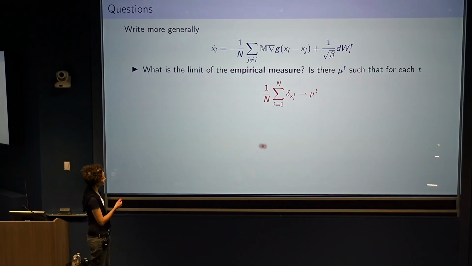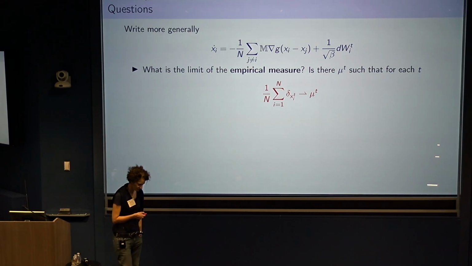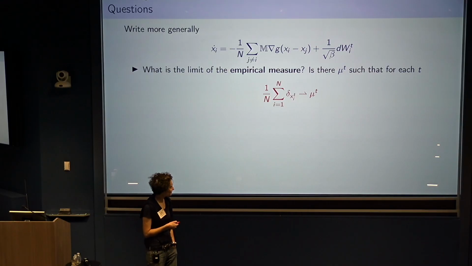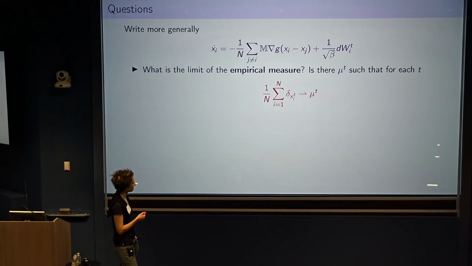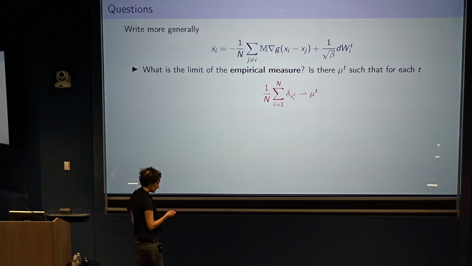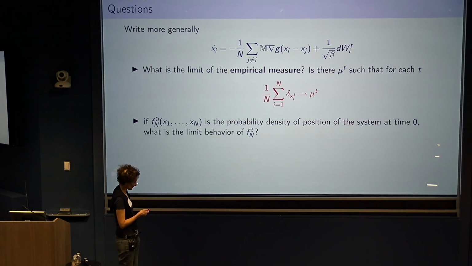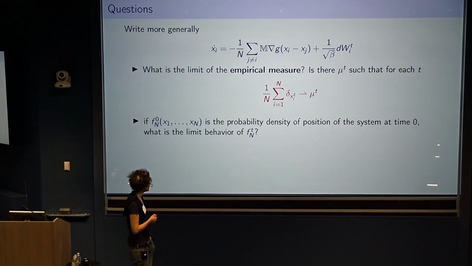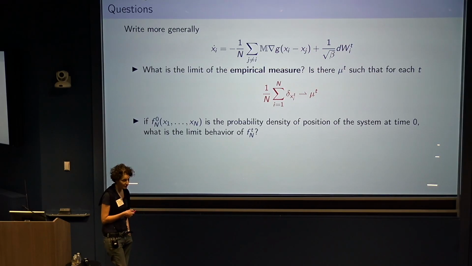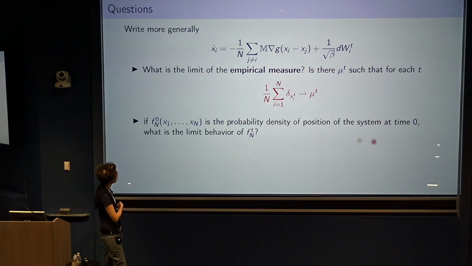And the question you want to ask is, what is the limit of the empirical measure as n goes to infinity for each time? And you expect, of course, that this mu_t, so it's some sort of probability density that's evolving in time, is going to solve a certain PDE. Another point of view is you can take probabilistically, you write down a joint law on the particle configurations.